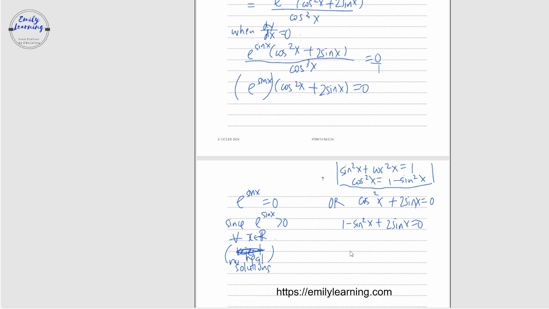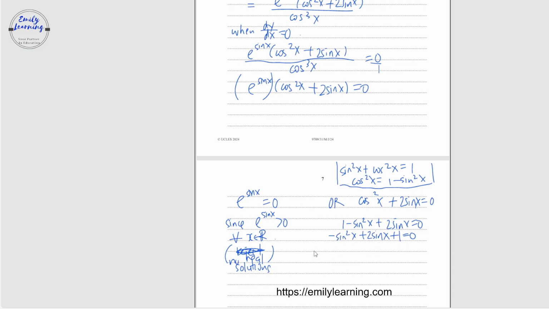Let me write it in this form. If you look at this, this is actually a quadratic equation in sine x.